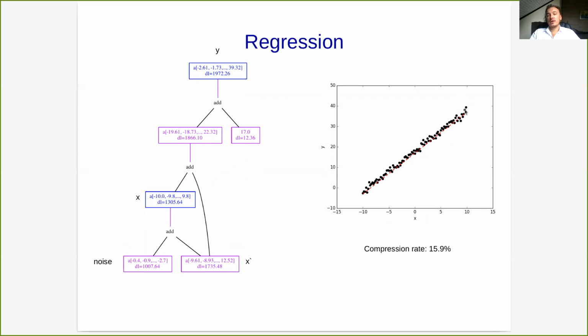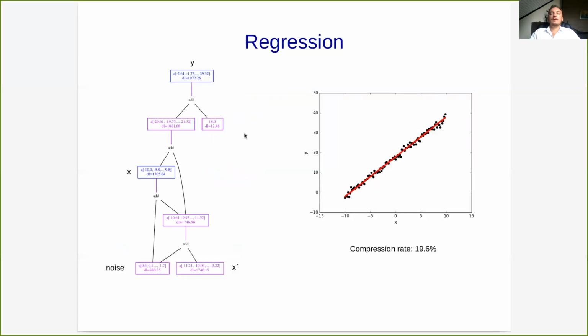And as you see from the dashed line, he's already almost perfect. And as a last step, he replaces 17 by an 18 by adding again 1. And he gets a perfect fit. As you see, he has reconstructed the regression expression 2x plus 18 by incremental compression.